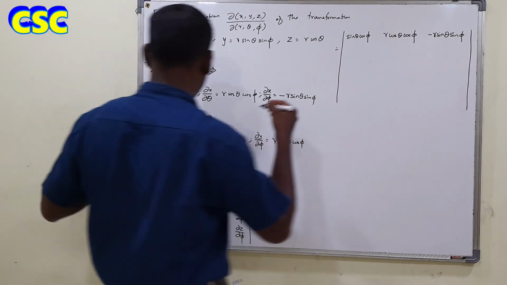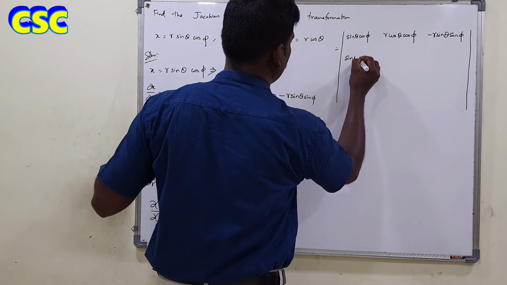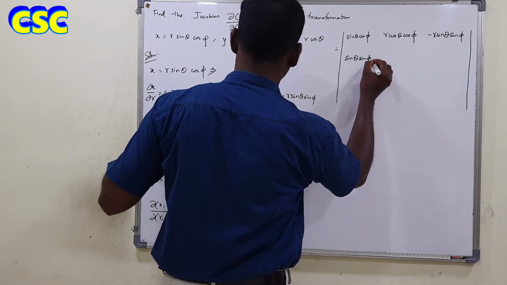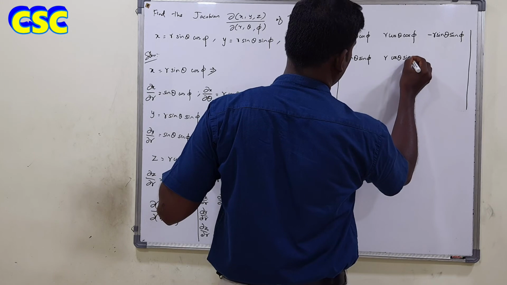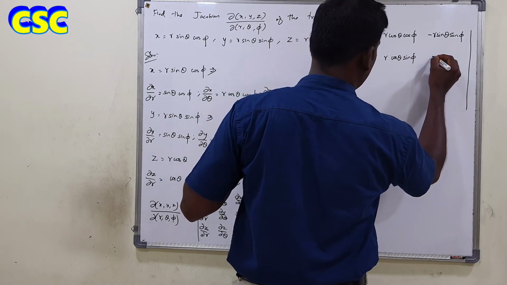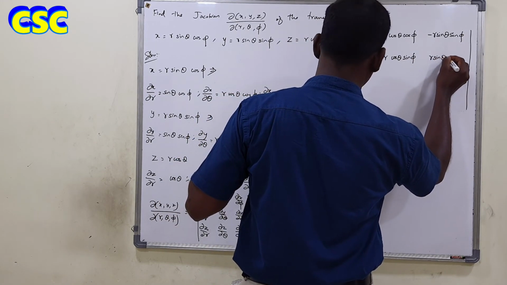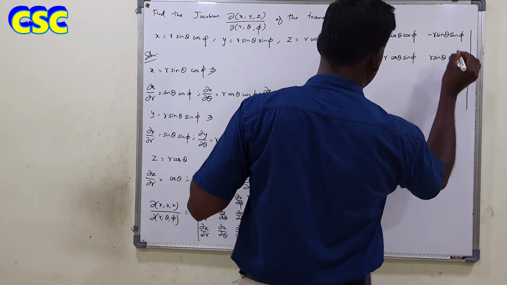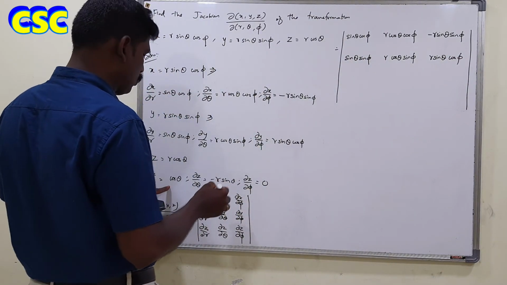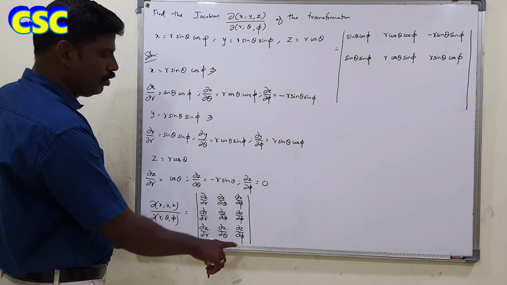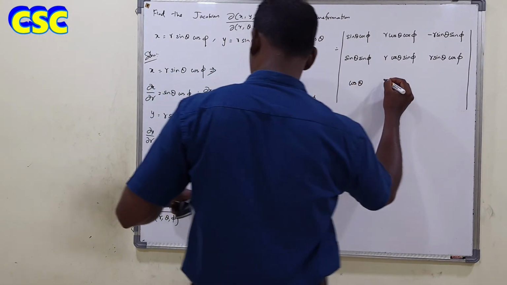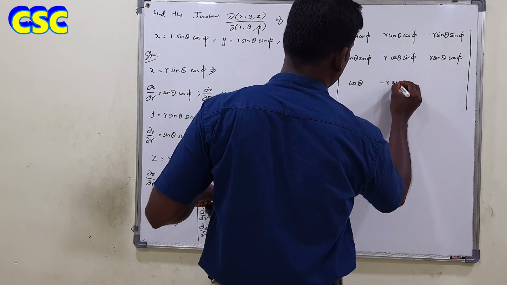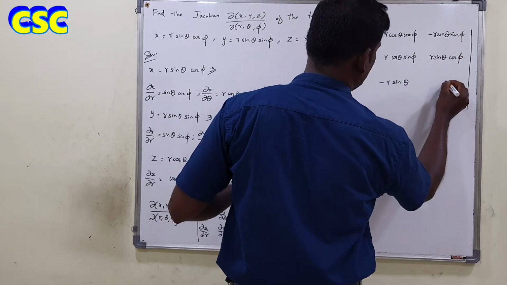That is here, sin theta sin pi, and then r cos theta sin pi, and then r sin theta cos pi. The last one is dou z by dou r, dou z by dou theta, dou z by dou pi. That is here, so cos theta, and then minus r sin theta, finally 0.